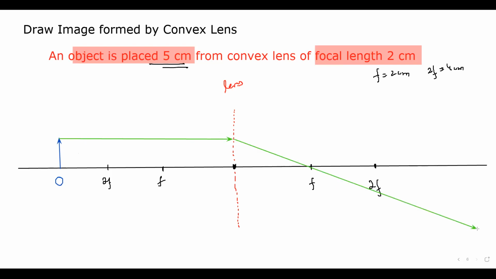So what you will do? You will draw a parallel light ray, till the lens, and if it's a parallel light ray, it will pass through the focus.